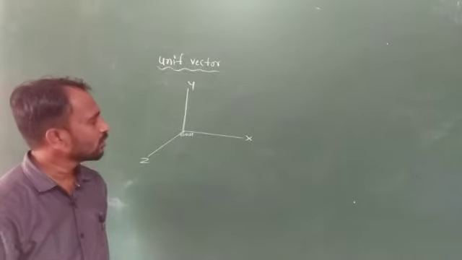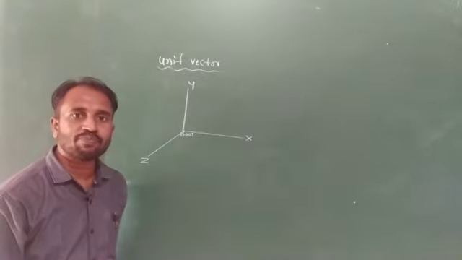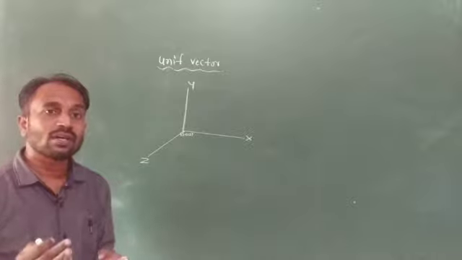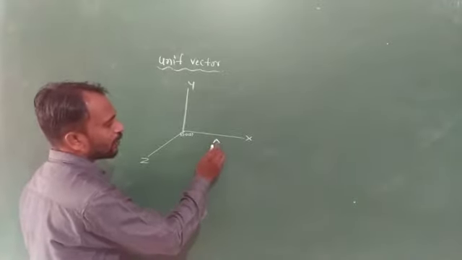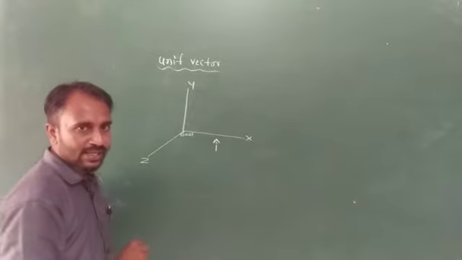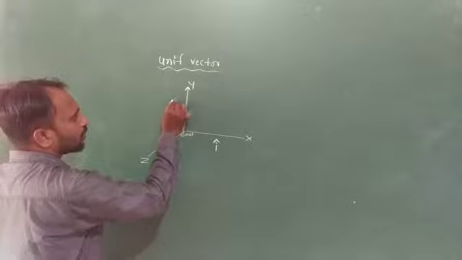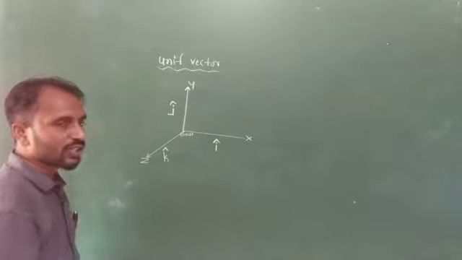Suppose along the x-axis we consider one unit vector representation, that is i cap. So i cap is a unit vector along the x-axis, j cap along the y-axis, and along the z-axis we consider k cap.